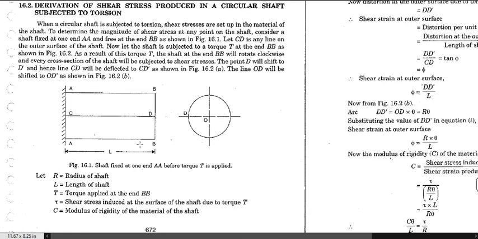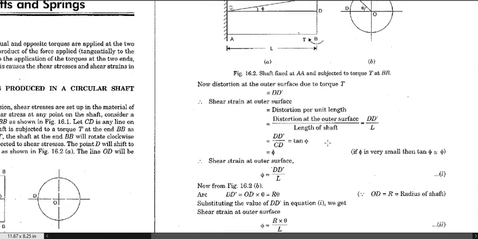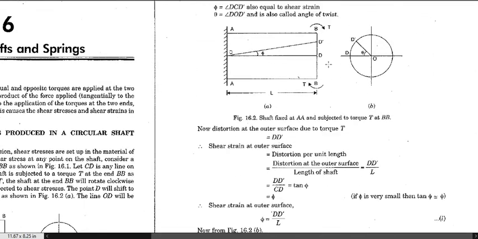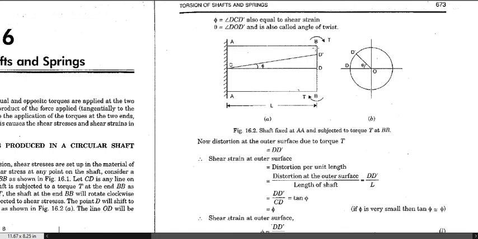Let us suppose we have a shaft of radius r and length L, and torque is applied on the outer fiber. We have shear stress tau, and we have shear modulus of rigidity C, which is the ratio of the shear stress over shear strain, as you already know. Let us consider that we have applied a shear stress on the outer fiber.